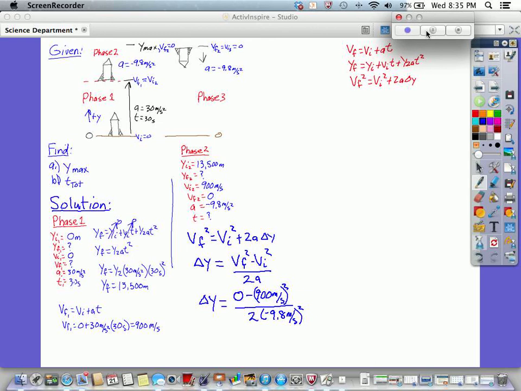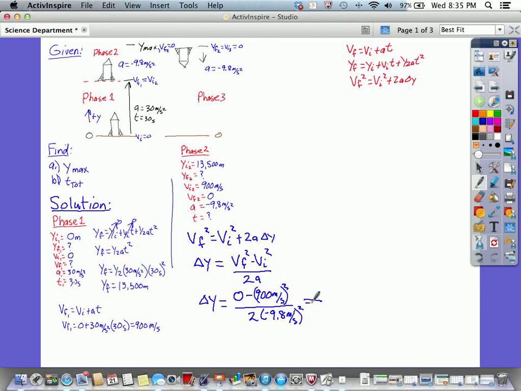Well, as we look at this, we also know that delta y is y final minus y initial. So if we just do this real quickly, what you would have really is y final equals y initial, which is 13,500 meters, all of that plus, really what we get is minus 900 meters per second squared divided by 2 times a, minus 9.8 meters per second squared.